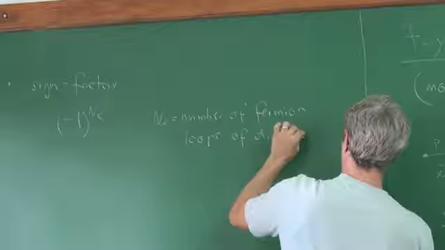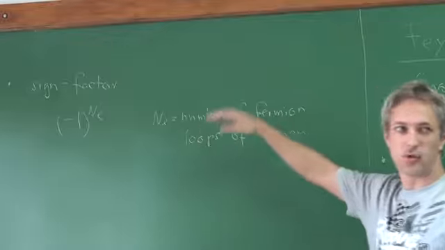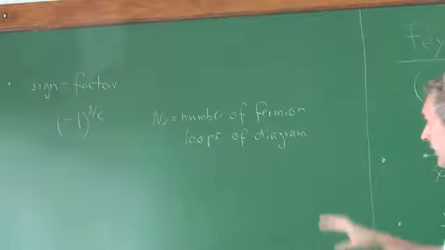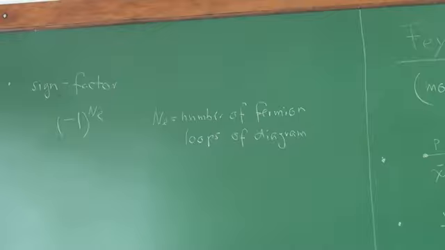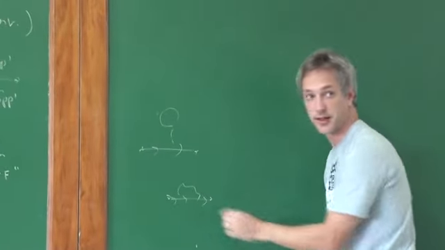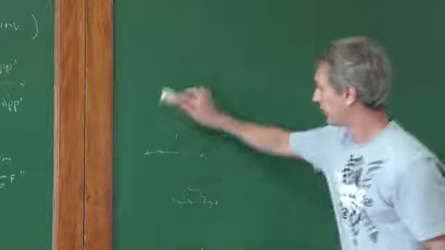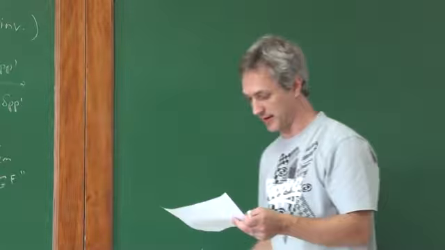And I think it's also a good exercise to convince yourself of this by drawing some low order diagrams. For example, this diagram would have one loop, so this would come with a minus, and this diagram doesn't have any loop, so this would come without a minus, with a plus sign. Okay? So one has to count the number of loops to get the sign factor.